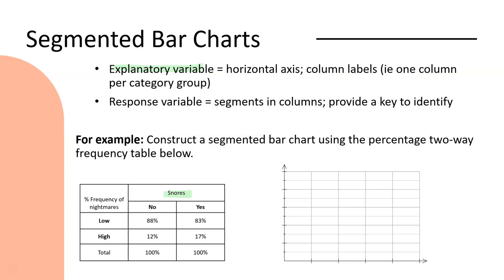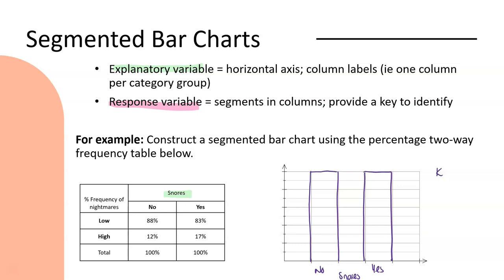To draw our graph, we want to make nice straight columns, nice straight lines. We're going up to a total of 100%. So we can start by drawing our full column for each of those categories of no and yes for snores. Our response variable, though, will be represented as the key on the side.